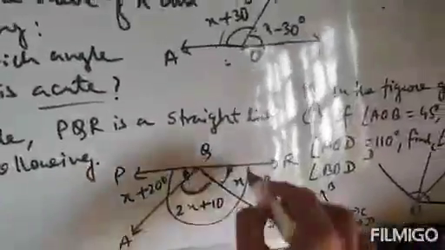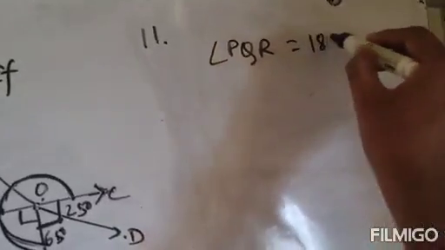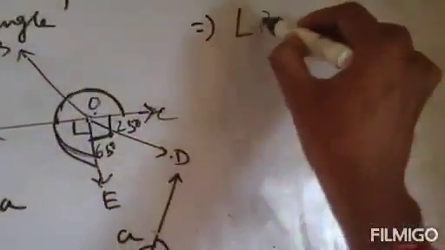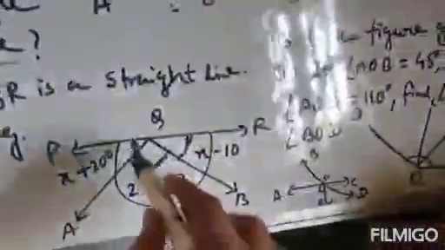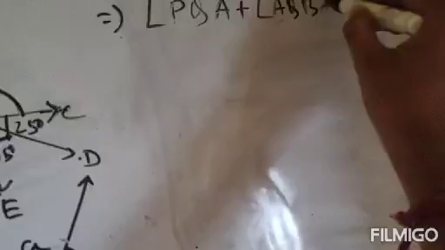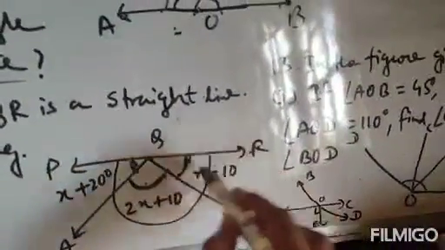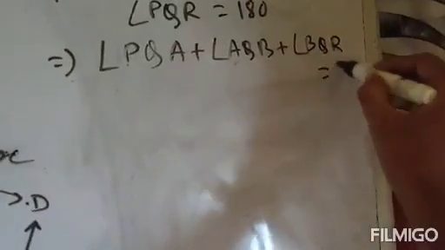So angle PQR is 180 degrees. Now angle PQR means angle PQA plus angle AQB, this part, and angle BQR, this part, equals 180 degrees.